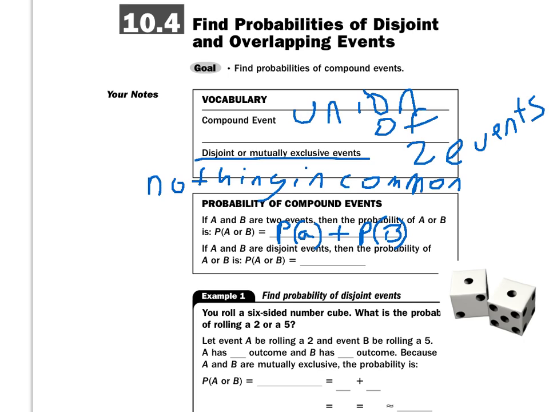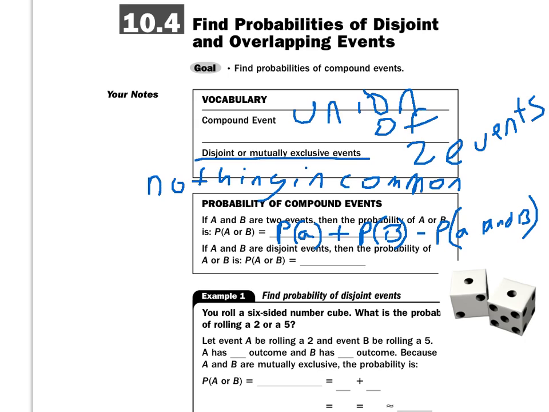But when they are compound events, meaning they overlap a little bit, you have to subtract the and, the probability of A and B. So what's the chance of drawing a 6 or a heart? You have the probability of drawing a 6 and the probability of drawing hearts, but you have to subtract the 6 of hearts because that's a compound event.